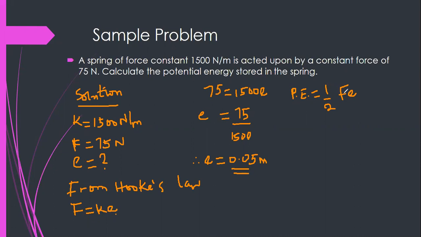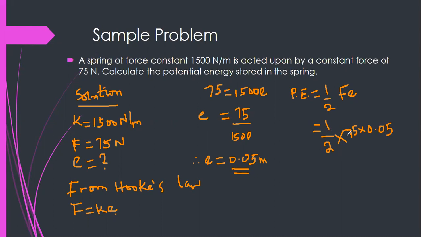But let's just use this. You are still going to have the same answer if you use the other one. So our force is given as 75, so we say 1/2 times 75, times our extension e, which is 0.05.